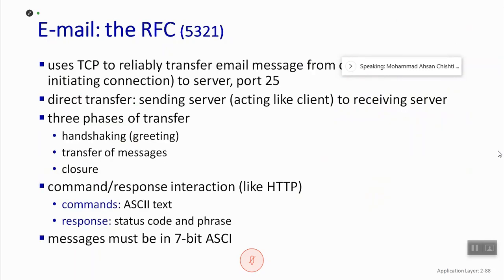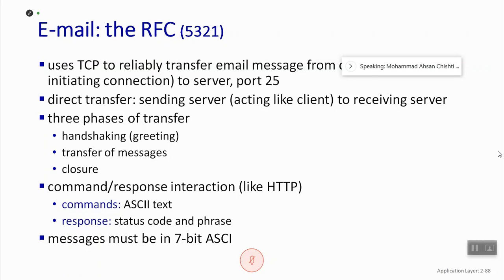The second one is transfer of messages. And once the messages are transferred using SMTP, you have the closure of the communication. The command response interaction is like HTTP. It uses ASCII text, then you have a response code with respect to it.